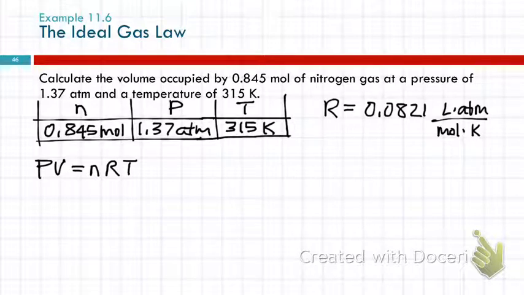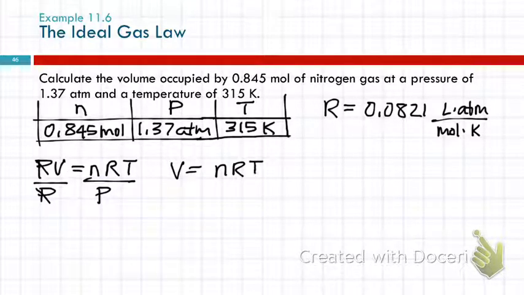The nice thing about the ideal gas law, no fractions. So we'll rearrange it to find out what V is by itself, dividing both sides by P. So the volume equals n times R times T divided by P. So we put all these in. So n is 0.845 moles.